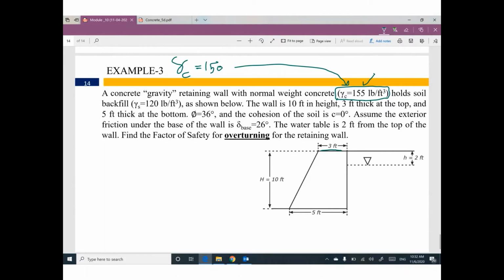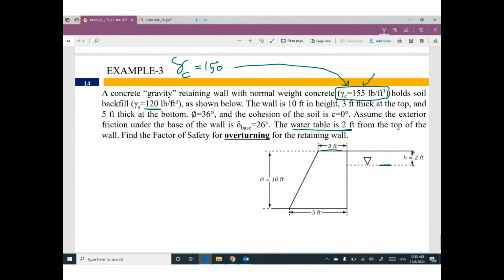Okay. Gamma soil is given as 120. We have a water table, which is 2 feet from the top of the wall. At 2 feet, this is the water table surface.